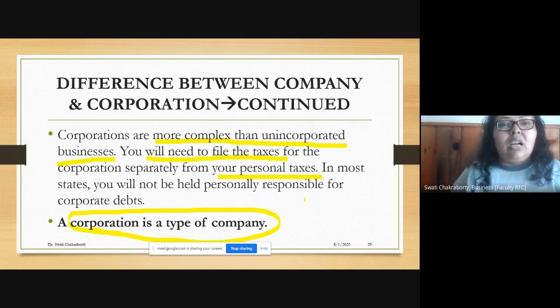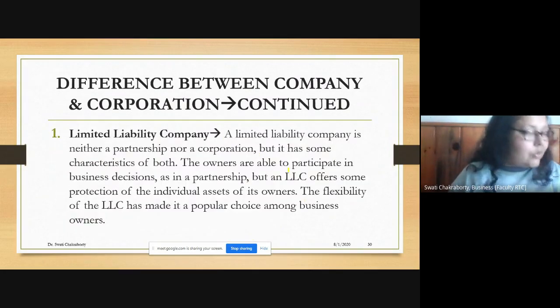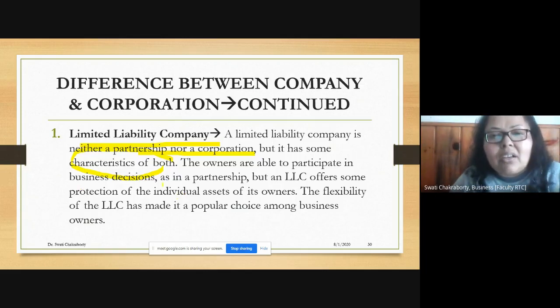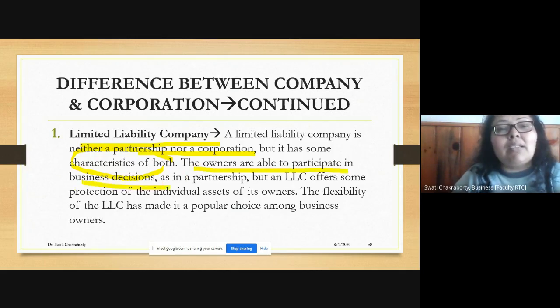Now there are also other different types of companies. One is the limited liability company. A limited liability company is neither a partnership nor a corporation, but has characteristics of both. The partnership characteristic is that the owners are able to participate in business decisions.